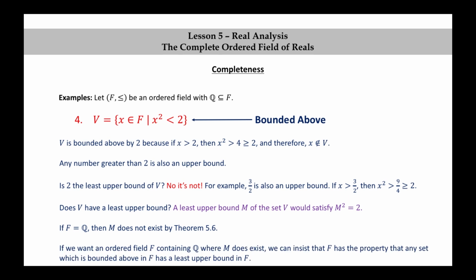So if we want an ordered field F containing Q where M does exist, we can insist that F has the property that any set which is bounded above in F has a least upper bound in F. There actually is a unique such ordered field called R, the ordered field of real numbers.